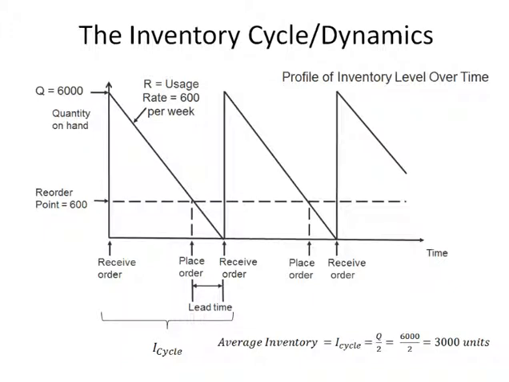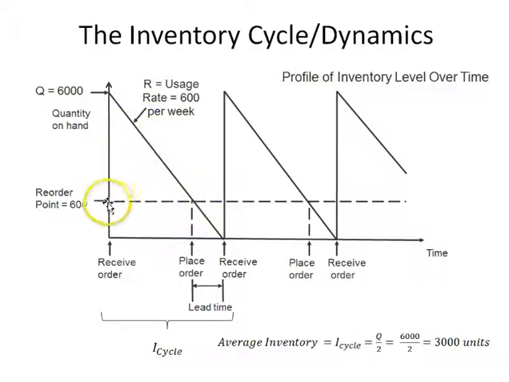Now we look at the inventory cycle or inventory dynamics. If the horizontal line represents time and the vertical line represents our inventory level, in this case Q is 6,000. That's our starting point, and we have a constant usage rate of 600.